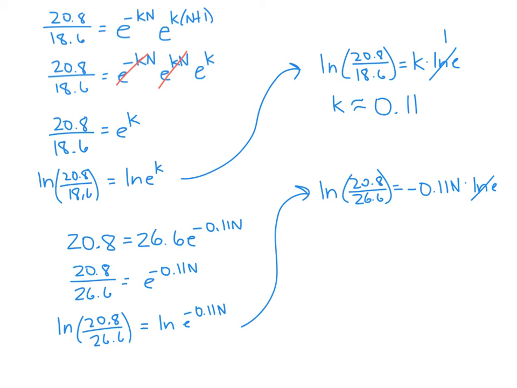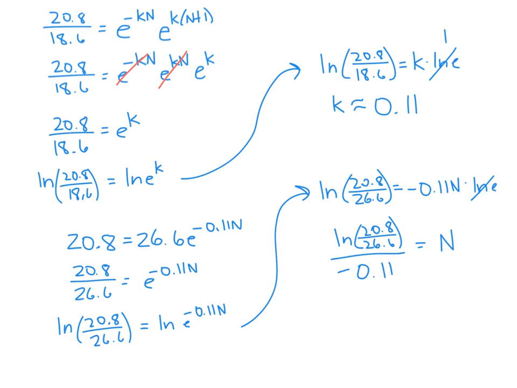So now divide both sides by a negative 0.11. So we have n is equal to the natural log of 20.8 divided by 26.6, divided by a negative 0.11.